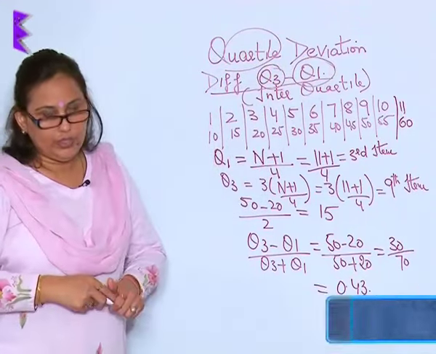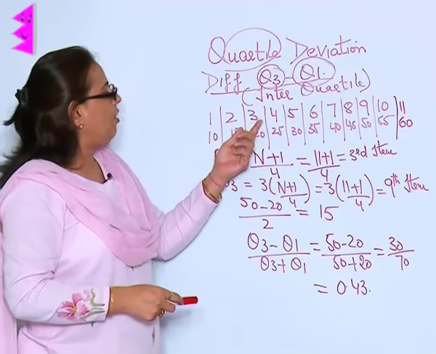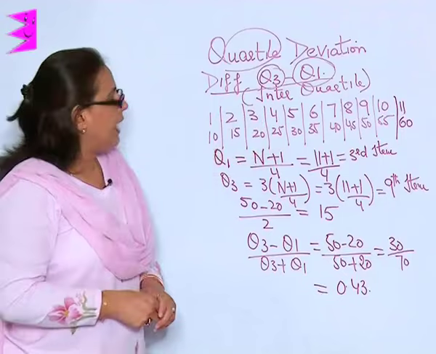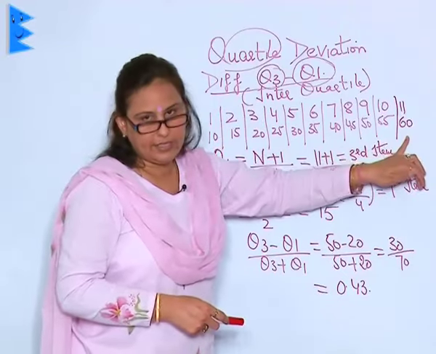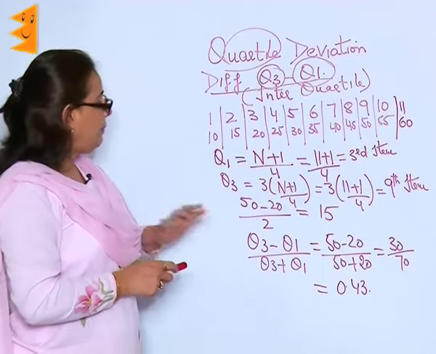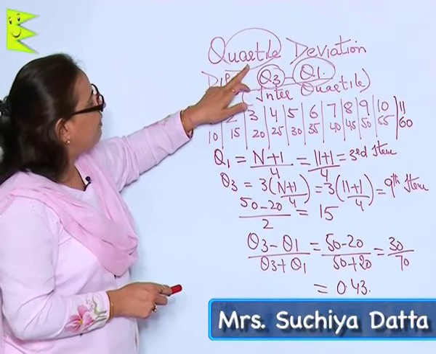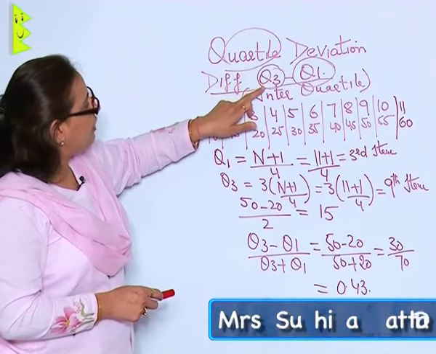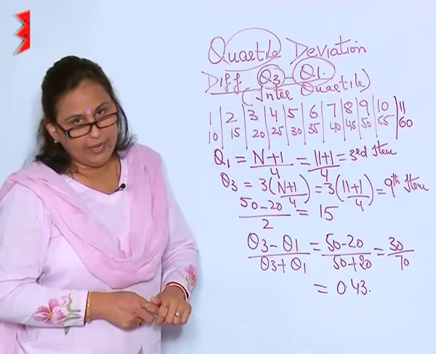Now again, to explain this further, we will take a series comprising 11 observations, ranging from 10 to 60. That means if I have to find out the quartile deviation, I will first of all have to find out the third quartile and the first quartile.